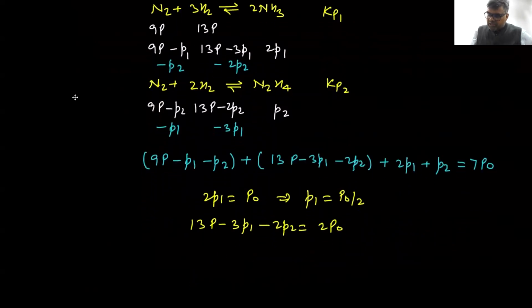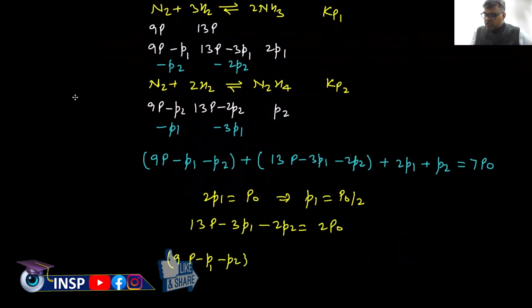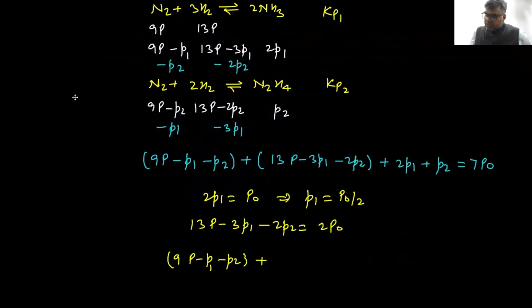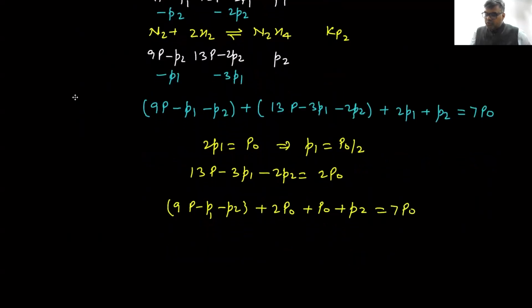If I put this in the above expression, it becomes 9P minus P1 minus P2, the pressure of nitrogen, plus the pressure of hydrogen, 2P naught, plus the pressure of ammonia, 2P1, which is P naught since P1 is P naught by 2, plus P2, equal to 7P naught. You can see P2 will easily cancel. Now what is left over is 9P minus P1, with P1 as P naught by 2, plus 3P naught, which is equal to 4P naught directly.